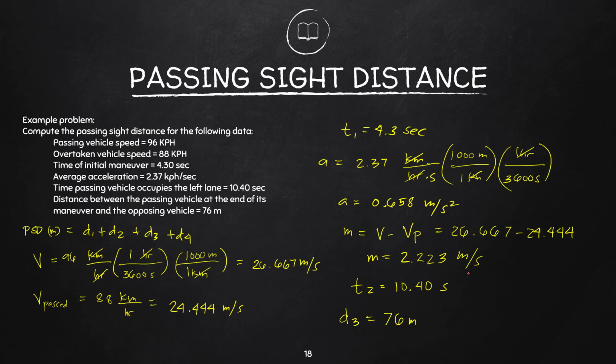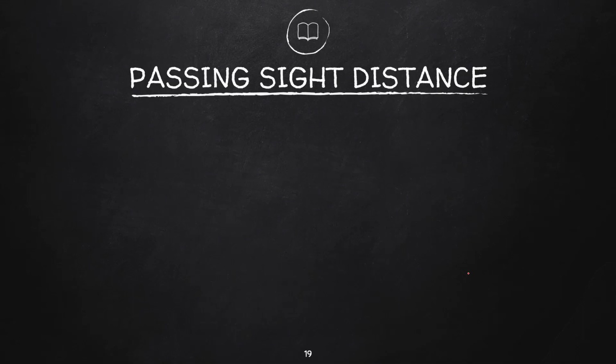So continuing in our computation, we will now be able to compute for the value of d sub 1. D sub 1 is equal to T sub 1 multiplied by V minus m, plus a T sub 1 over 2.